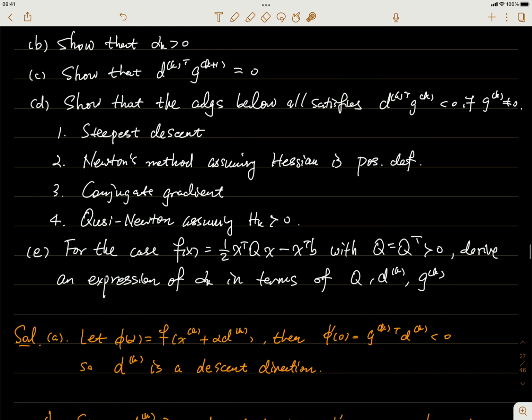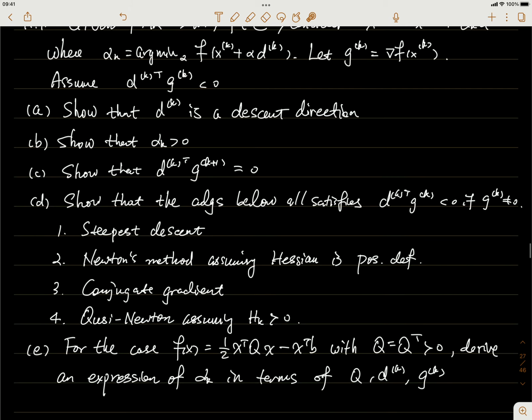And finally, we suppose we have a quadratic function f, and it has a positive definite matrix Q as the quadratic term. Then we need to derive an expression for alpha k that can be written in terms of this Q, dk, and gk. Okay, let's do these things one by one.